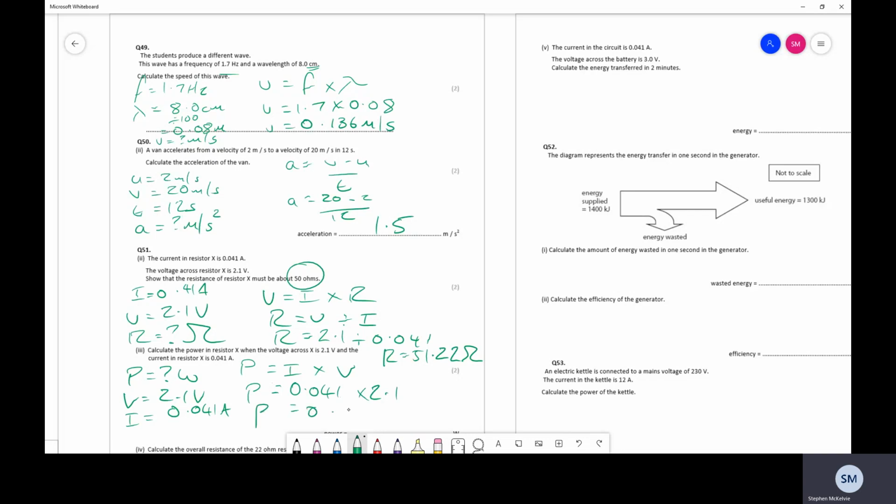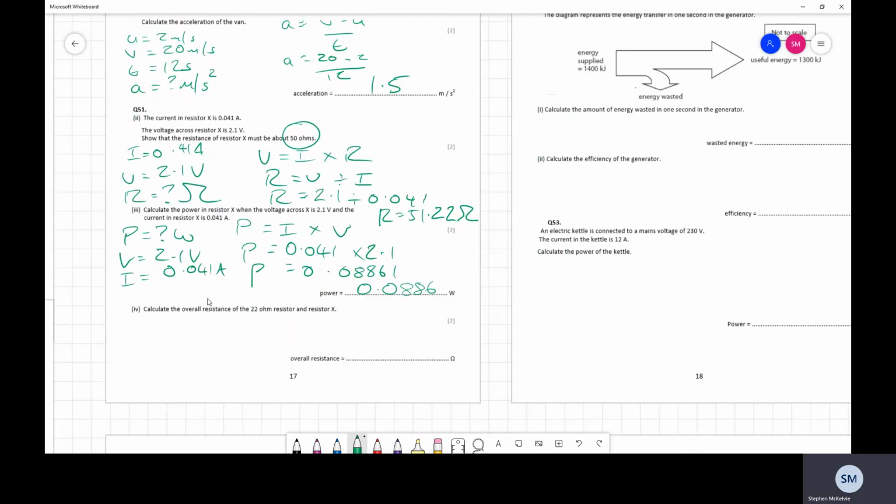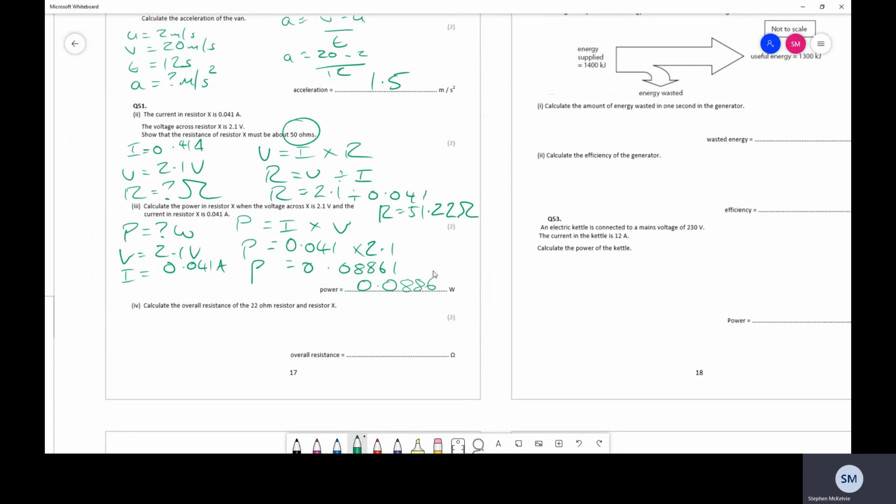P is equal to 0.08861. And it gave it to me in 3 decimal places, so I'll give it back to them in 3 decimal places. I'll write that down as well, just to be sure. I'll write in my space provided 0.0886. Calculate the overall resistance of the 22 ohm resistor and resistor X.